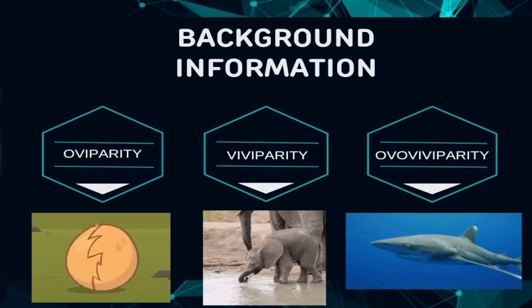The organisms are known as ovoviviparous. You can see a beautiful picture of a shark, which exhibits ovoviviparity, so we call it ovoviviparous. While for a viviparous example, we have a group called placental mammals.